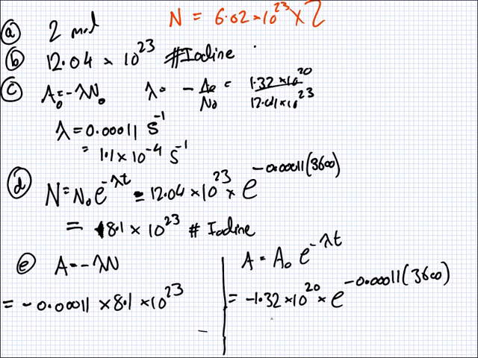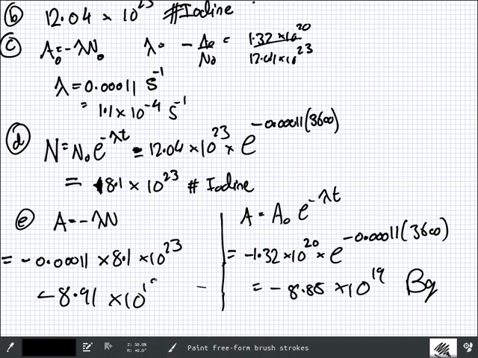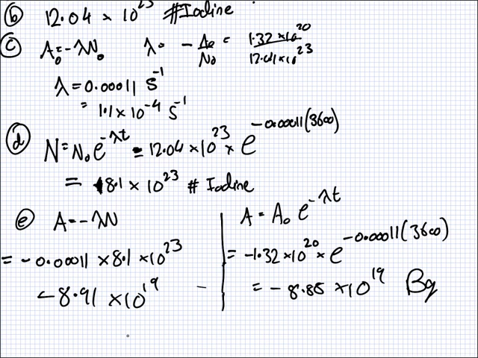Minus 8.88 times 10 to the 19. Ben, what did you get? Minus 8.91. Close enough, times 10 to the 19. That's fine. Okay, F.